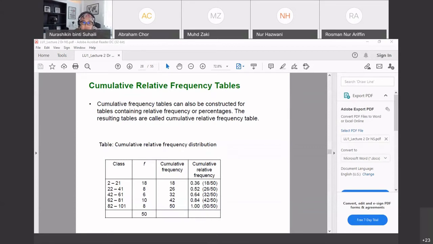Okay, so we go to the median. Median is the middle value of the observations. First you have to arrange the data in an ordered manner, for example in ascending order, and the middle value is called the median.